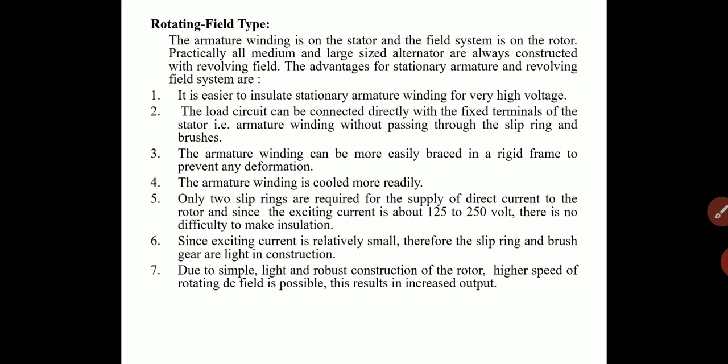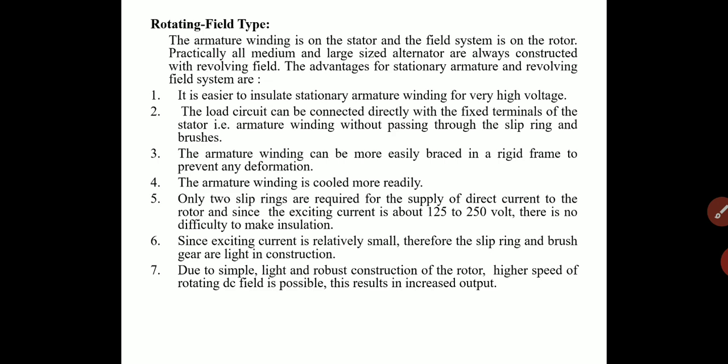What is the advantage of stationary armature and revolving field system? The first advantage is that if the armature is on the stator, it is easy to insulate the stationary armature winding for very high voltage.